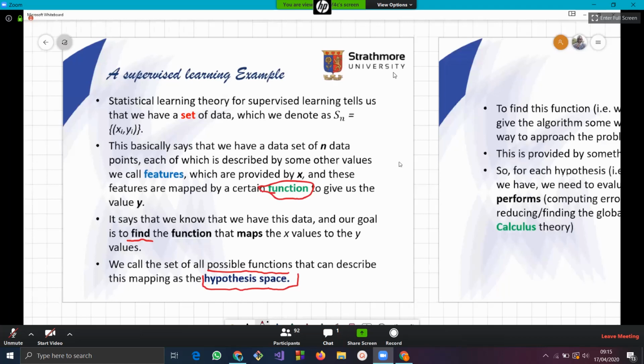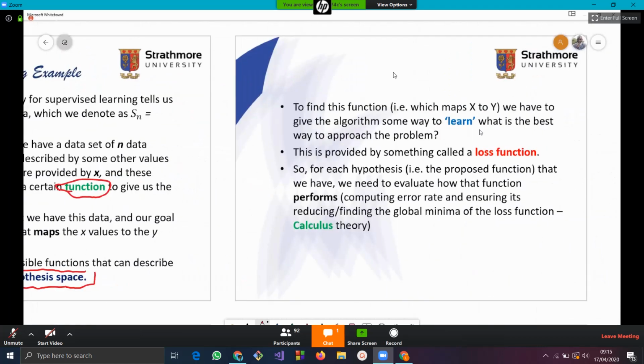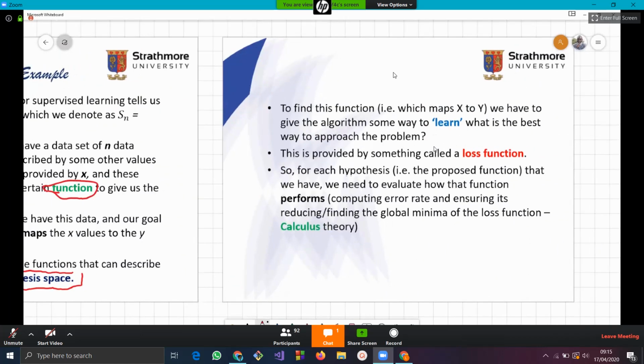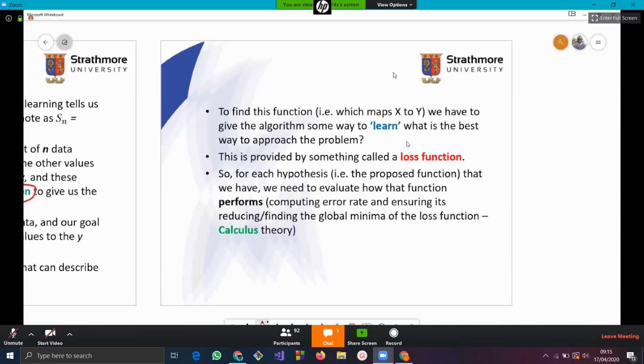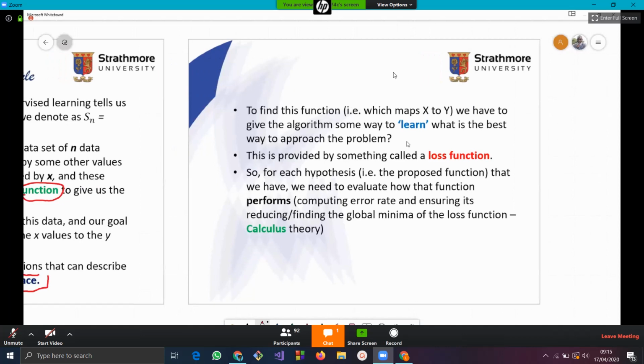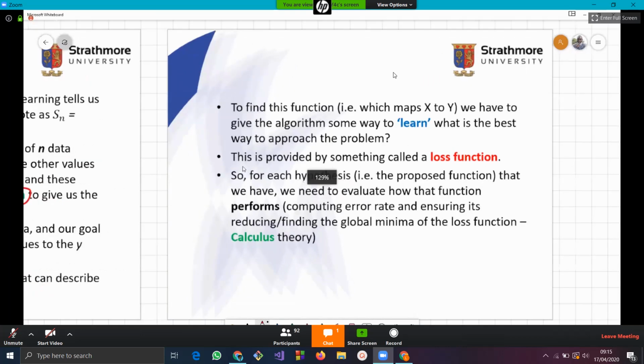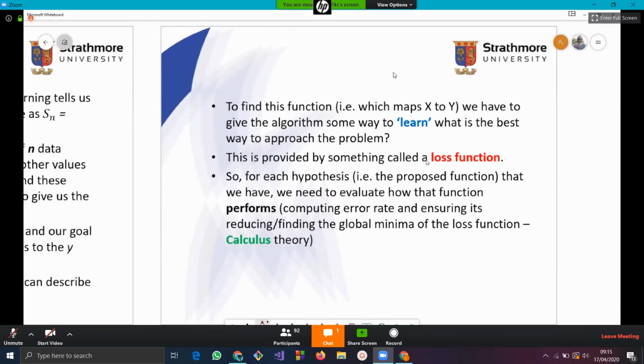So the story continues. To find these functions, which map x to y, we have to make the algorithm learn. Learning must take place. So how does the algorithm learn? Learning is tracked using a loss function. So there's another function called a loss function. It's function number 2. These are the keywords of machine learning, by the way.